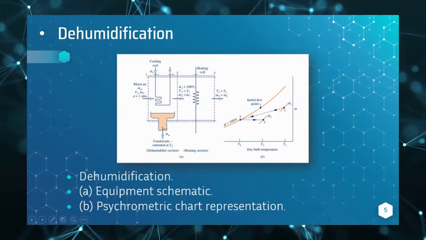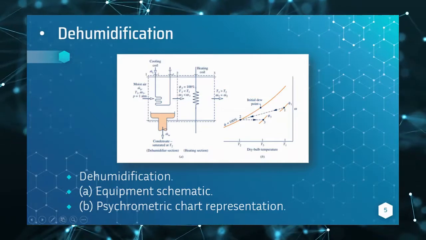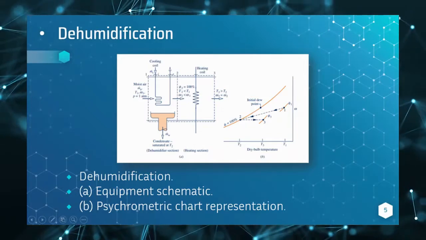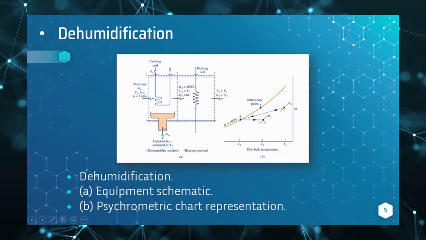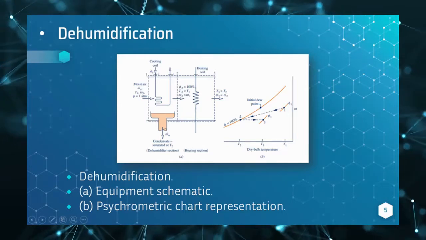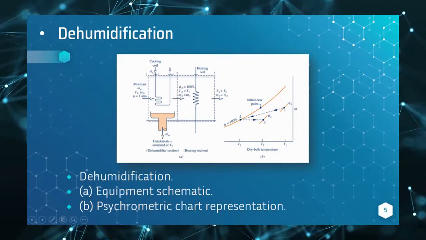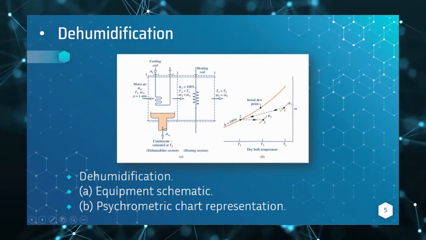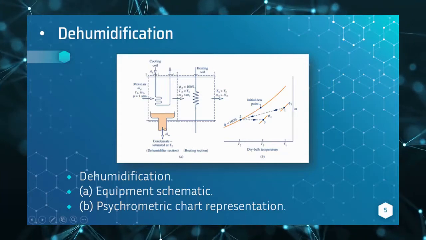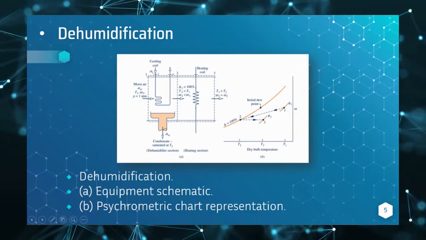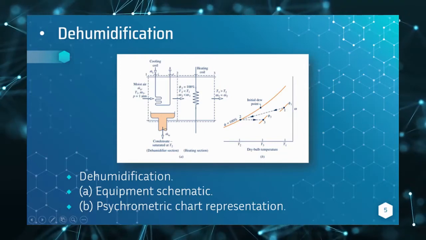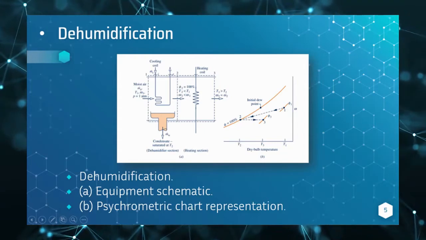The next one is the dehumidification shown in these figures. The first one is the equipment schematic and the second one is the psychrometric chart representation. When a moist air stream is cooled at constant mixture pressure to a temperature below its dew point temperature, some condensation of the water vapor initially present will occur.